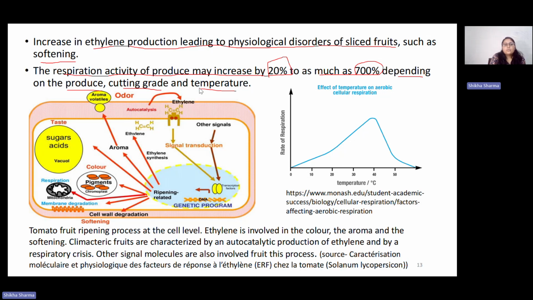So when minimally processed food products are with us, ethylene gas can also be produced from these sliced fruit products, and because ethylene is produced, softening or other degradative reactions can take place. So this is basically the mechanism of what happens when ethylene is produced.